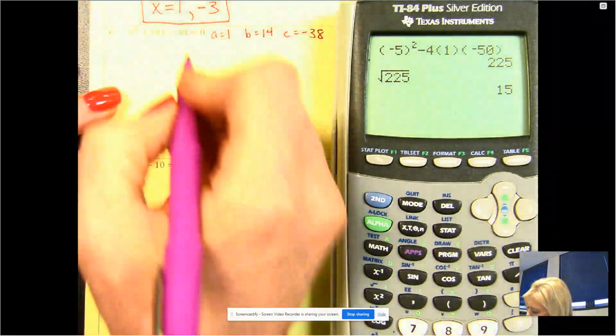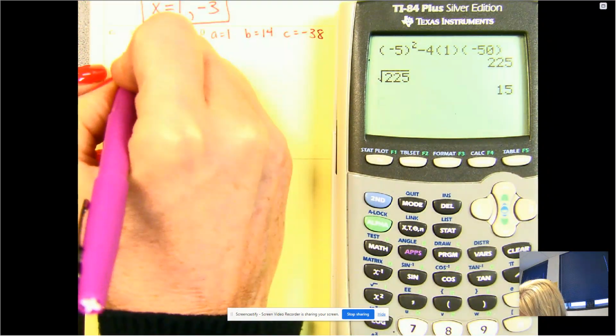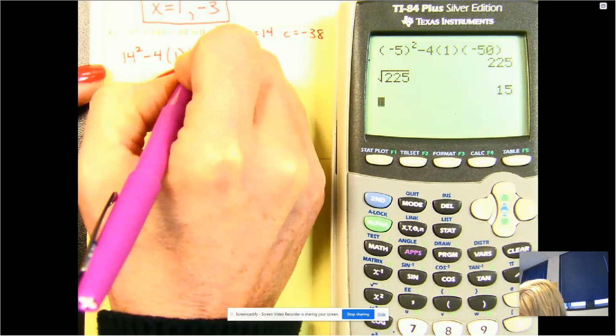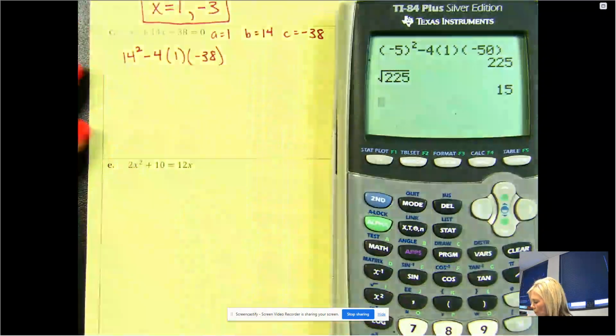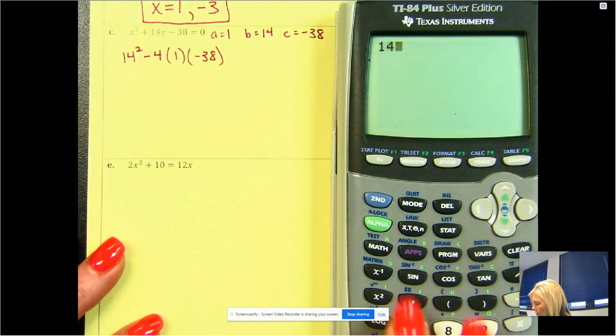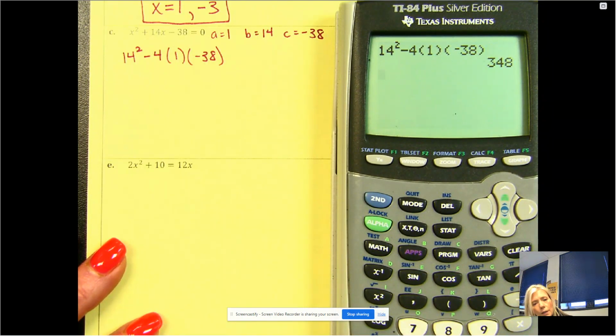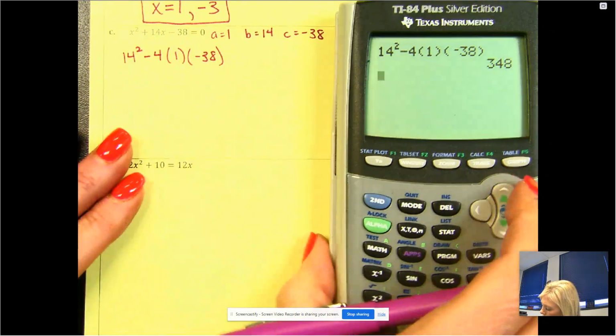Okay, so first, B squared minus 4AC. So that's 14 squared minus 4 times 1 times -38, which is 348.